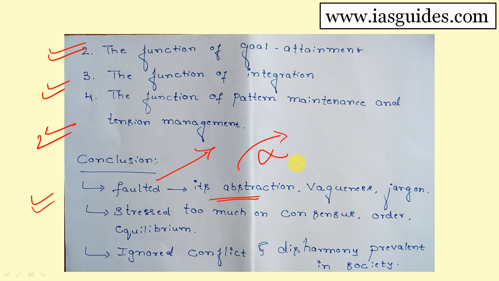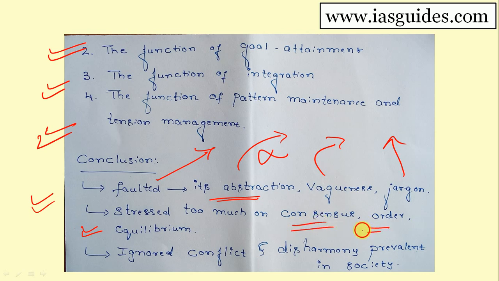And also many people say that the social system theory is very vague, and it is also jargon. They are the faults of social system theory for which many other sociologists criticize Talcott Parsons. They also say that Talcott Parsons stressed too much on consensus, order and equilibrium.